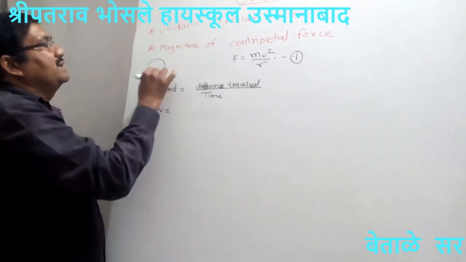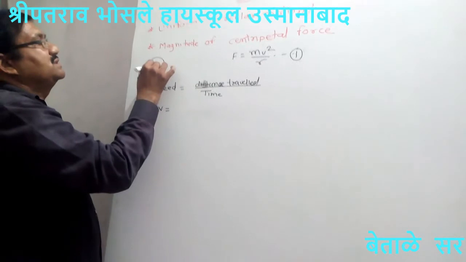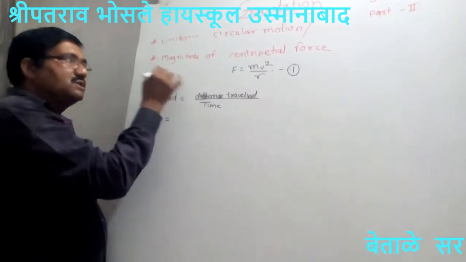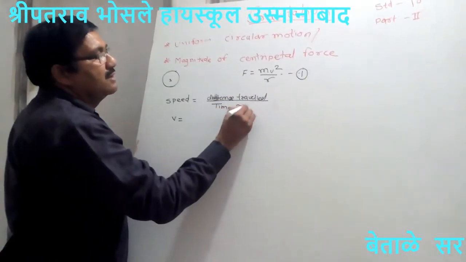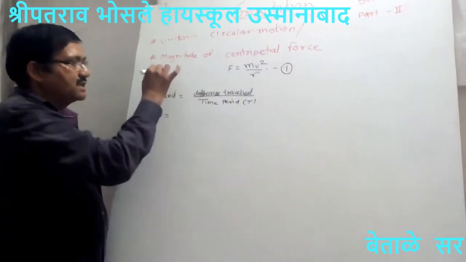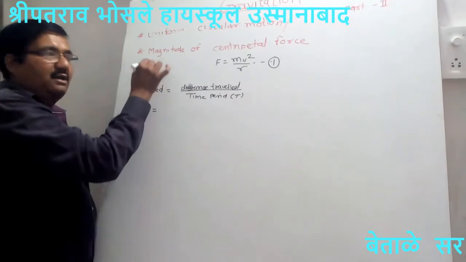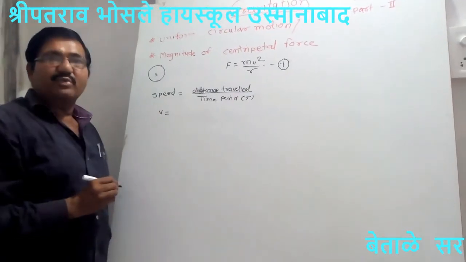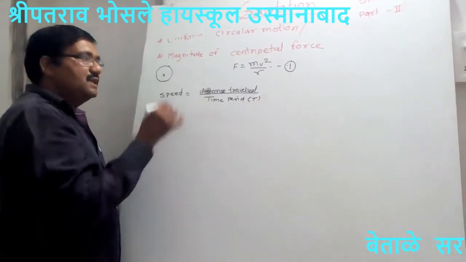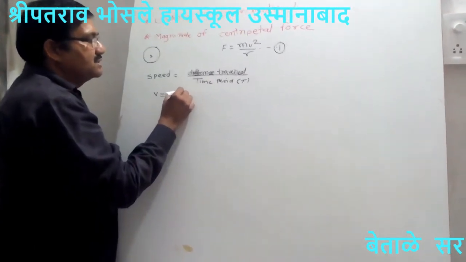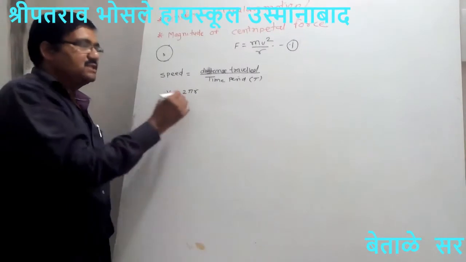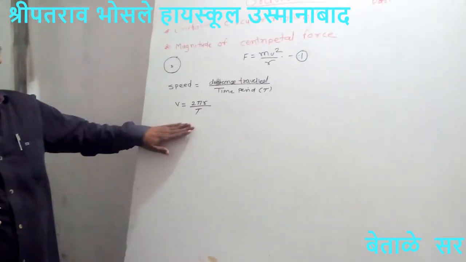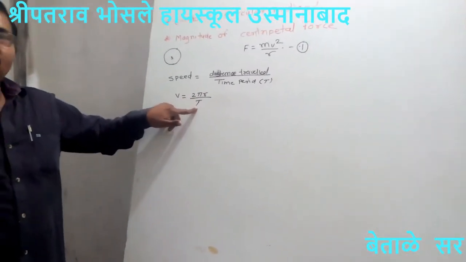This is the Sun, and the planet revolves around the Sun, and this time period is capital T. The distance traveled from this point around the Sun is the circumference of the circle, which is 2 pi r, and the time period is T. Therefore v is equal to 2 pi r upon T.